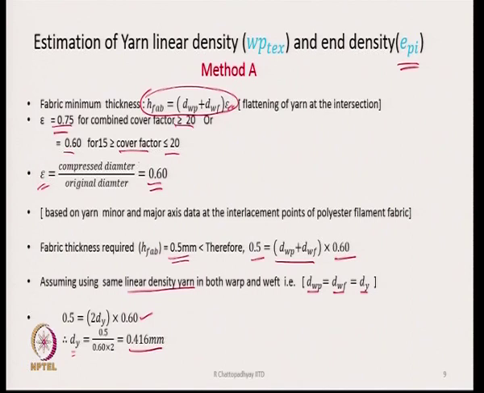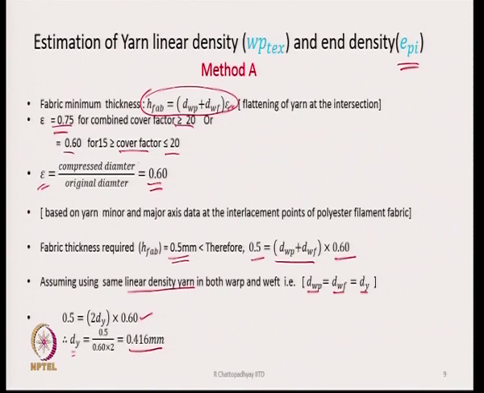So, we are finding out the diameter of the yarn from the information given, which is the thickness of the fabric, and using the relationship that the fabric thickness is summation of diameter of warp and weft multiplied by a factor which could be either 0.6 or 0.75.